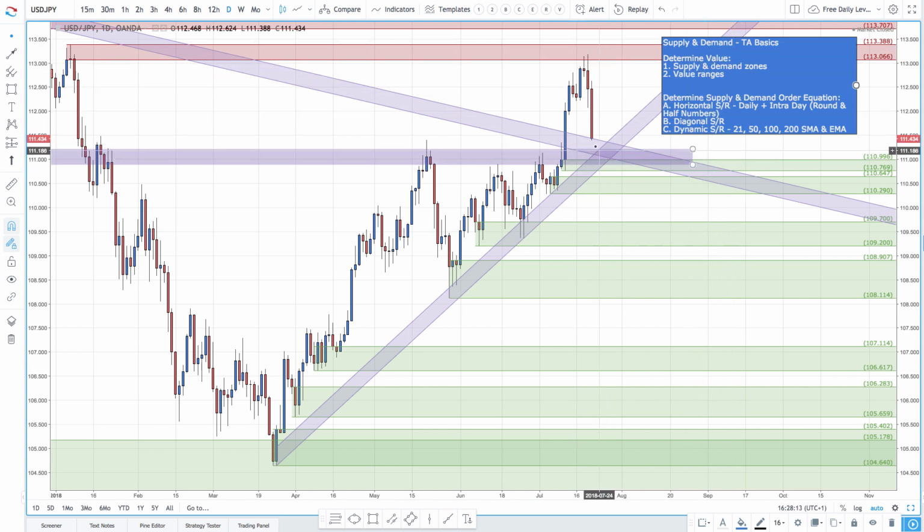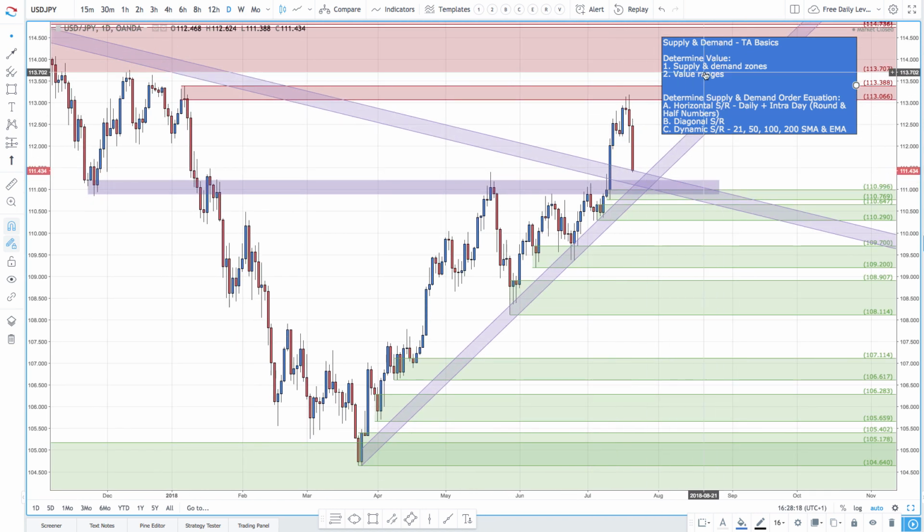But obviously I'm a fundamental and sentiment trader, so I make my buying and selling decisions off of fundamentals. For technical analysis, this is basically the basics of 5 steps that you can use yourself as well when looking at supply and demand zones.